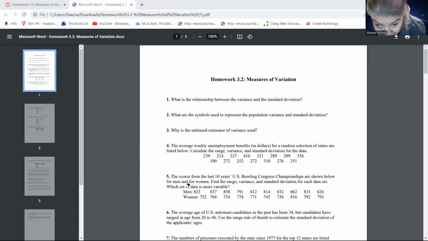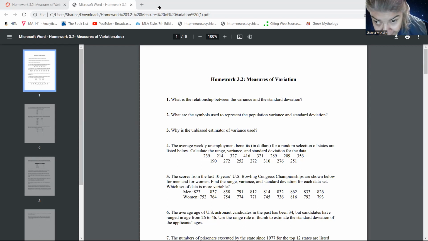I'm not going to work out the range, the variance, the standard deviation, because it's just like question 4. Which set of data is more variable? For that, you're going to go to the covariance formula. Okay. So you're going to go to the slides.